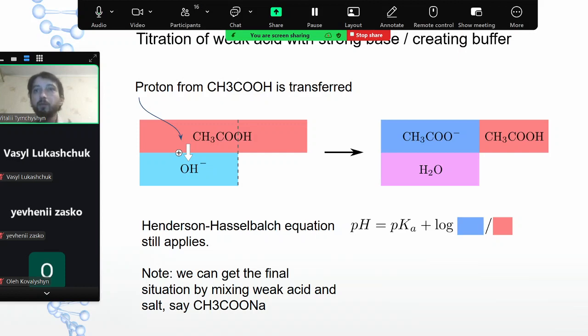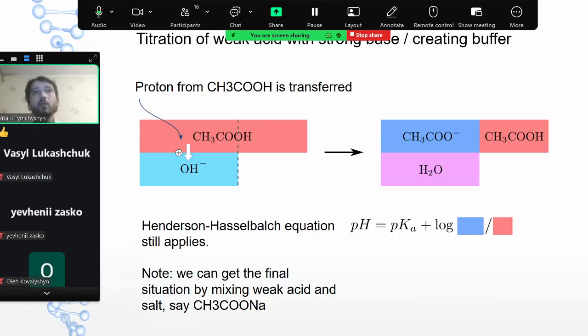Good. So is this point clear, more or less? Okay, I see no questions, so great.